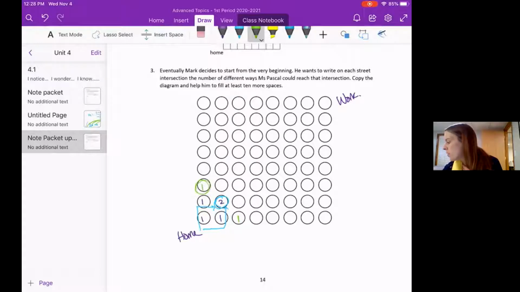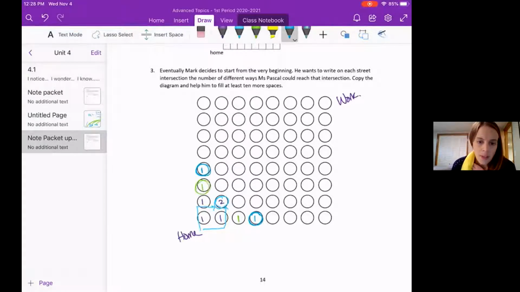I'm kind of working on diagonals, if you can tell. To reach this intersection, there would only be one way, and it's just to go directly to the right. Similarly up here, you just go one way up.